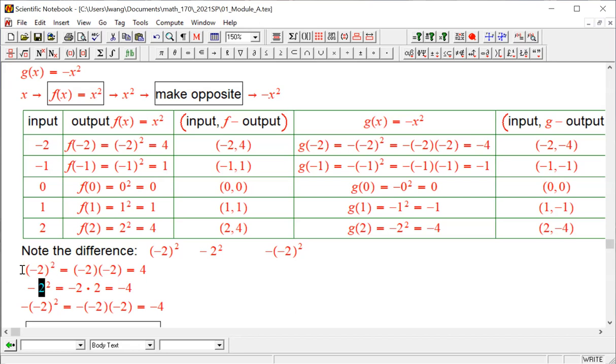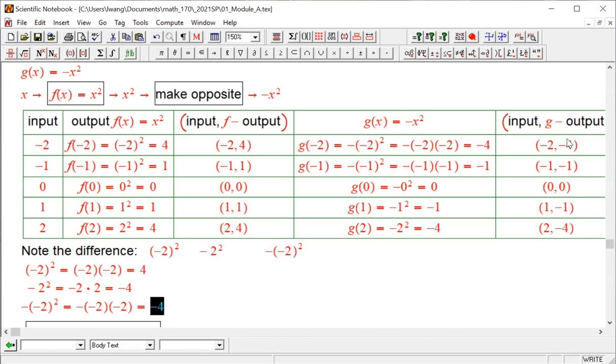So by order of operations, we will do -2 times -2 here. In this case, however, we're going to do 2 times 2, that's what the 2 squared is for, and the negative sign is here, so that's -4. In the case of negative (-2) squared, like what we did here, -2 again is the base, so -2 times -2 equals 4.